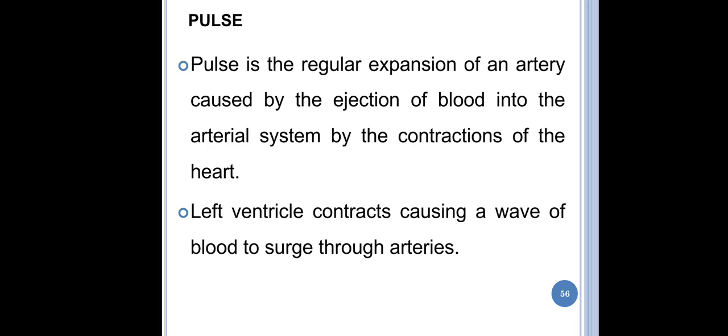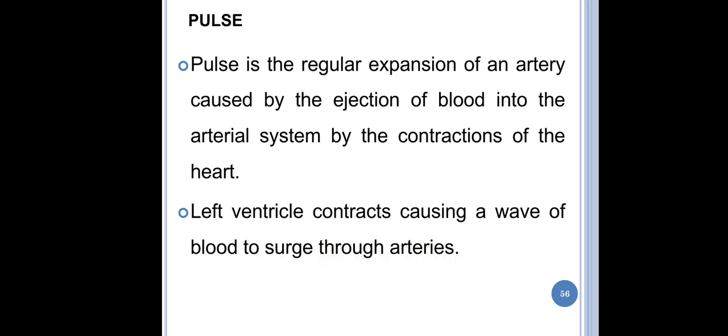Okay, so this SA node is the one responsible for controlling the activity of the heart in contraction, in order to bring about blood that is going to run in the artery. Okay, so the left ventricle contracts, causing a wave of blood to surge through the arteries.